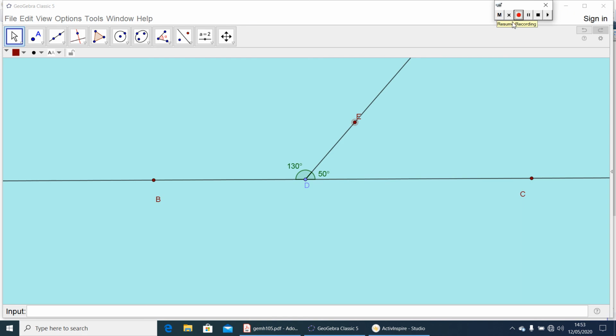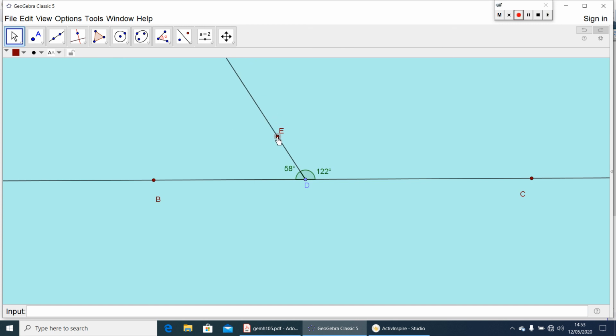Let us check it. Here, the sum of these two angles is equal to 180 degree. Now, when angle 1, that is this angle, is decreasing, what will happen to the other angle? Obviously, when it is decreasing, the other side angle is increasing.